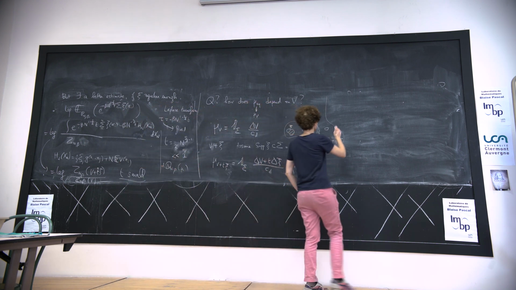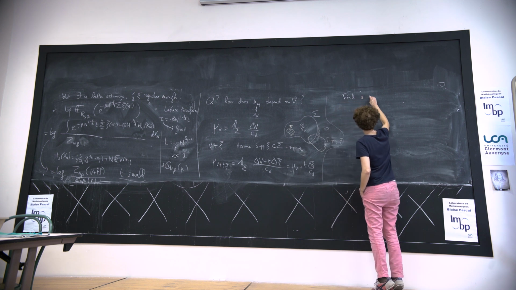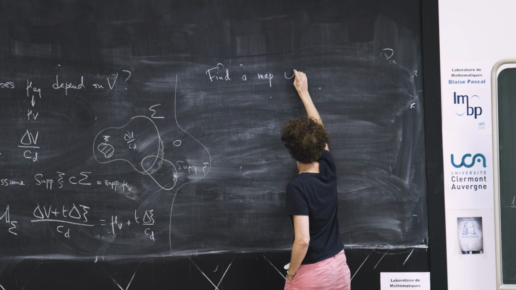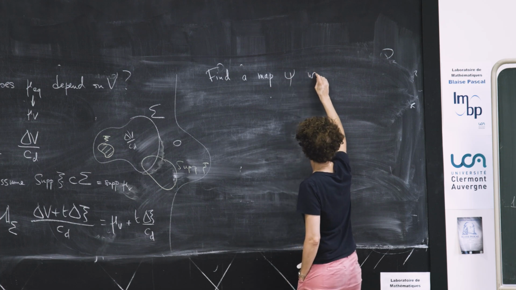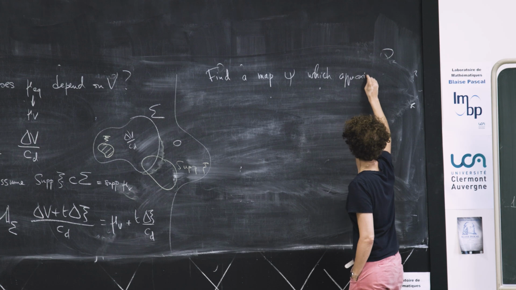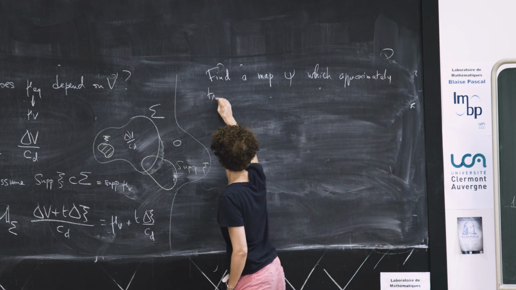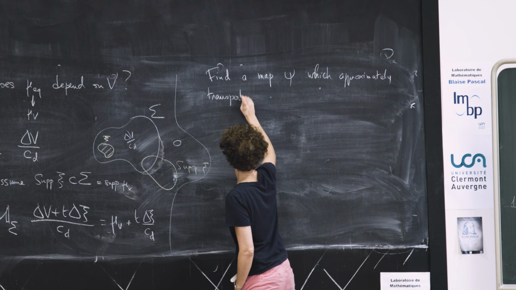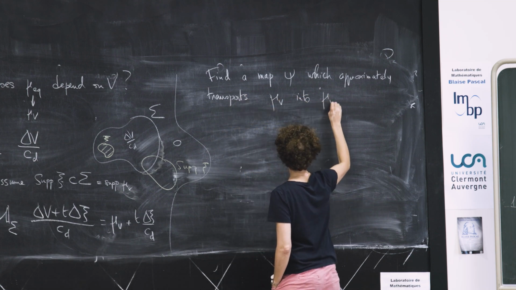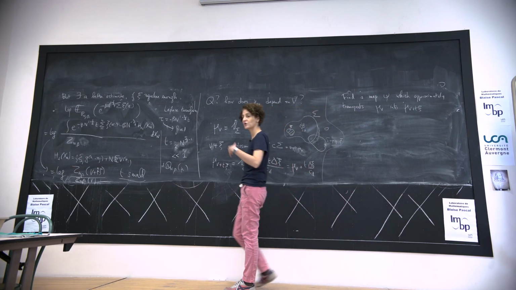So I'm going to find an approximate transport which approximately transports mu v into mu v plus t xi. Okay, so we have two probability measures.